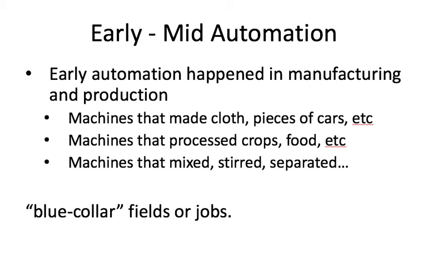So in the early to mid stages of automation, automation mainly happened in manufacturing and production. So the making of things. For example, machines were used to make cloth, that's fabric, or pieces of cars. Machines were used to process crops or food.